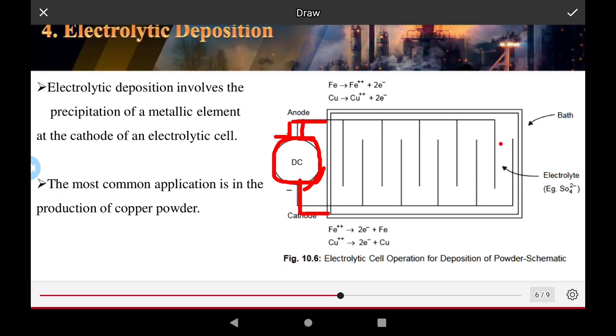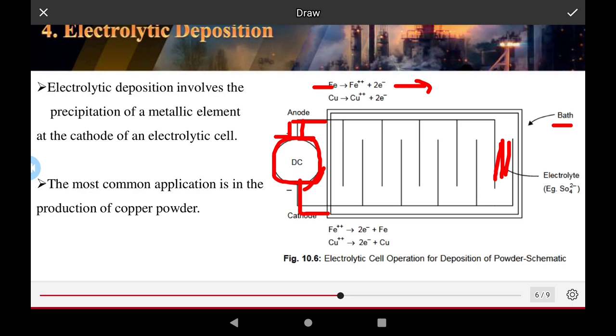This is the chemical reaction in the bath in the electrolysis. An example is the Fe removal: Fe gives Fe plus 2 charge, released, and addition of the charge of the particles gives Cu plus 2.